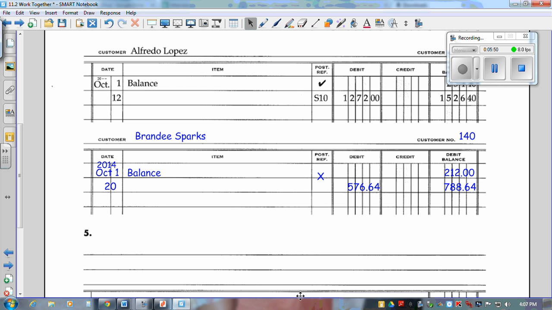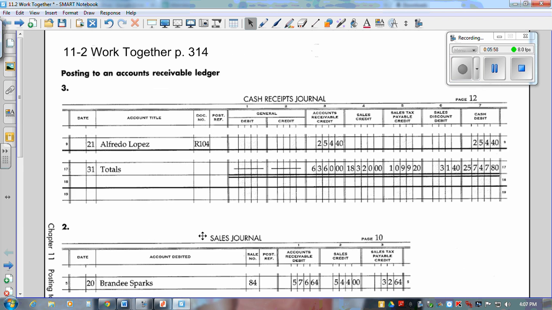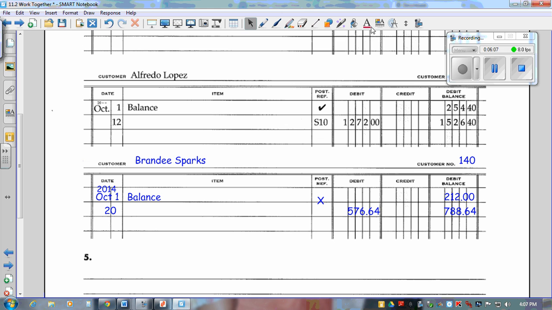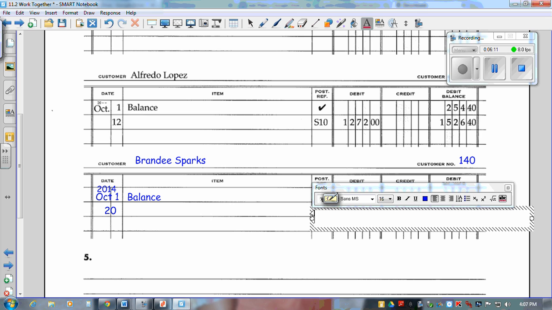There's two things here. The post reference. So we need to put on her ledger, where did this information come from? If we look over here, it came from the sales journal, page 10. So we're going to put S10 in the post reference.